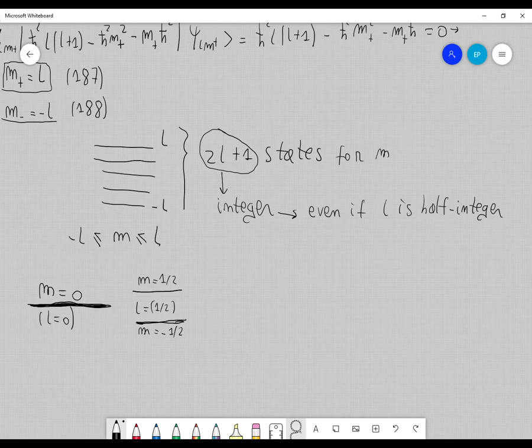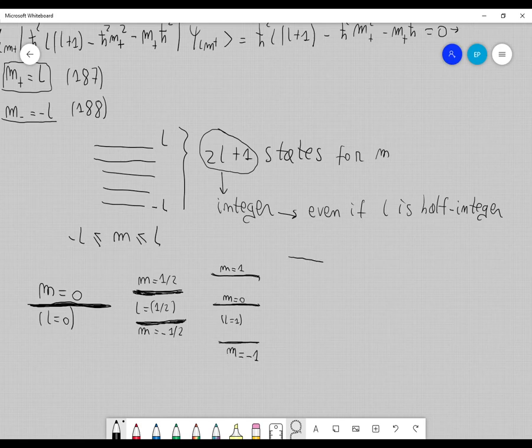And this is very important because this is exactly the state that describes the spin of the electron. But we can have other possibilities. For example, we might have a state where L is equal to 1. In this case, you have L equal to 1. Here you have M equal to 0, here M equal to 1, and here M equal to minus 1. And then you can go on.